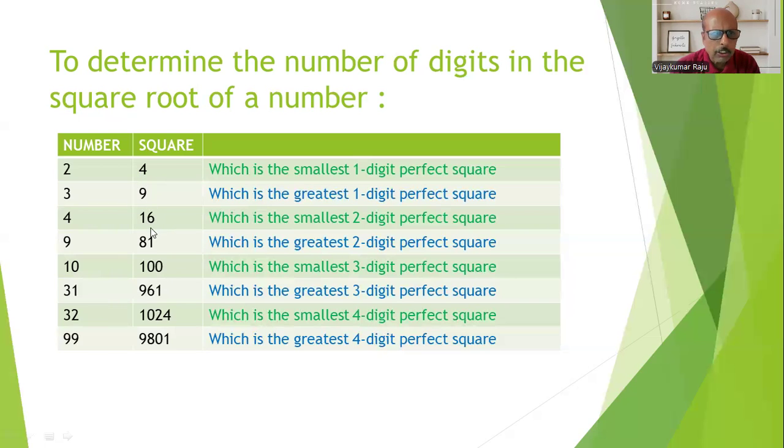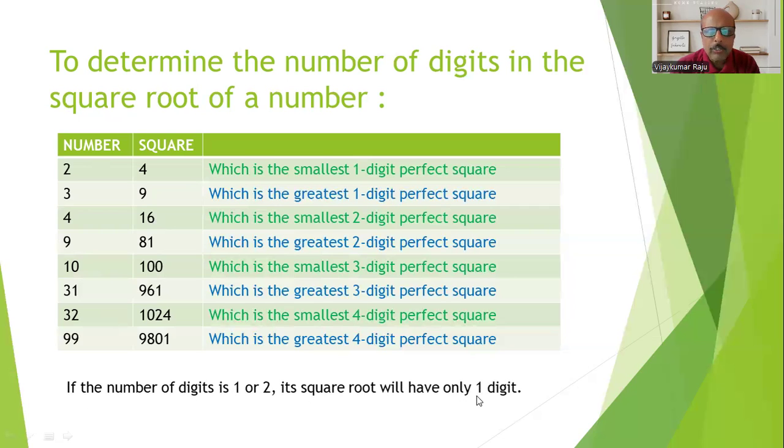for one digit and two digits, the square roots will be a single digit. So you can say if the number of digits is 1 or 2, its square root will have only one digit.